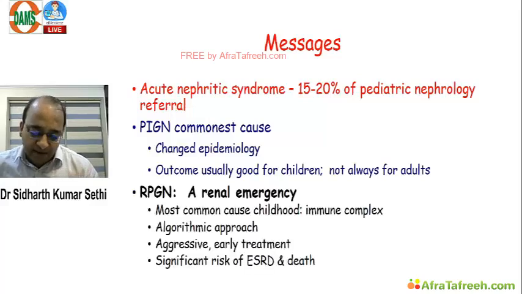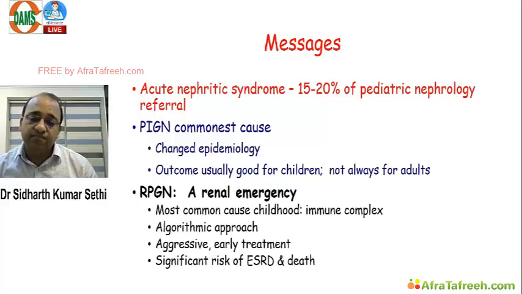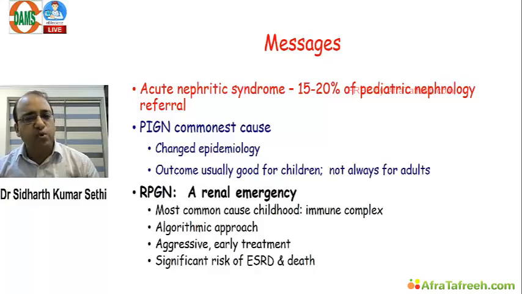And today I am here to tell you that there is a specific condition called RPGN, which is a medical kidney emergency, requires early steroids, early kidney biopsy. Again, immune complex is the most common, and these children need early aggressive therapy.